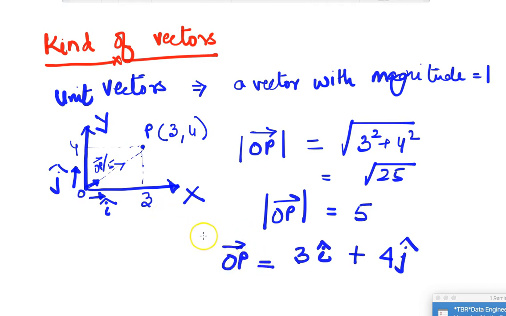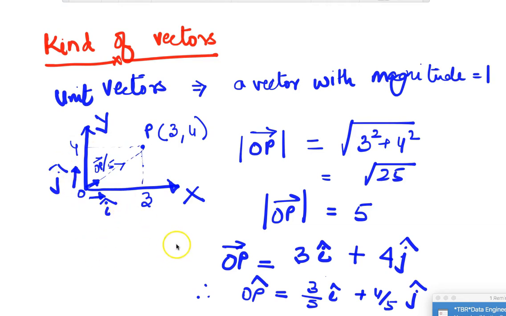This is a standard or coordinate way of representing a vector in two-dimensional space with known x and y components. Right? And therefore, OP hat, which is basically the unit vector in the direction of P, is nothing but 3 by 5 i hat plus 4 by 5 j hat.